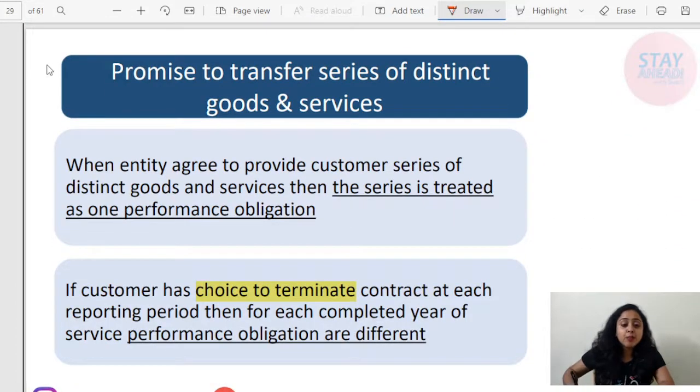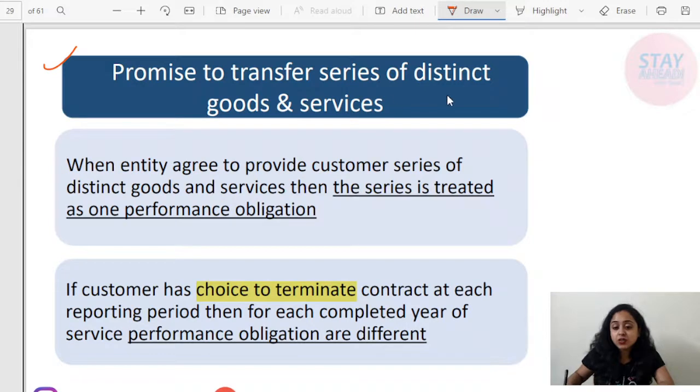Next comes the promise to transfer a series of distinct goods and services. What is a performance obligation? To transfer goods and services. When an entity agrees to provide customers a series of distinct goods and services, such a series shall be treated as a single performance obligation. We have learned this in the lecture itself.